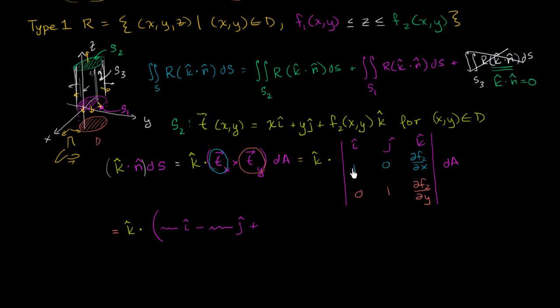The k component is going to be 1 times 1 minus 0, so it's just going to be plus 1 times the k unit vector. And of course we have our dA out right here. When you take this dot product, you're only left with the k components, and it's essentially just 1 times 1. You end up with a scalar quantity of 1. All of this business just simplified to dA.